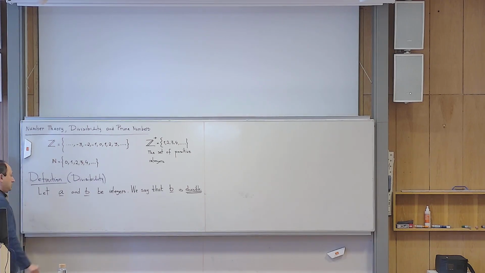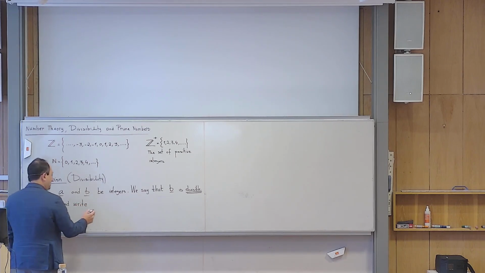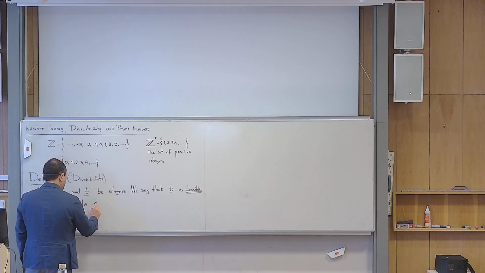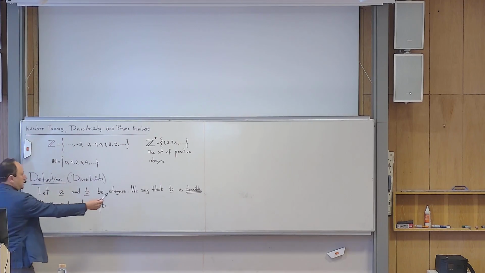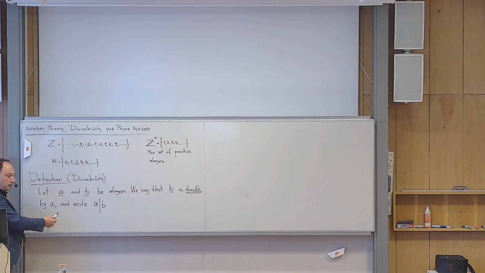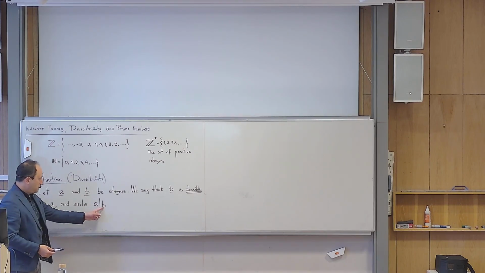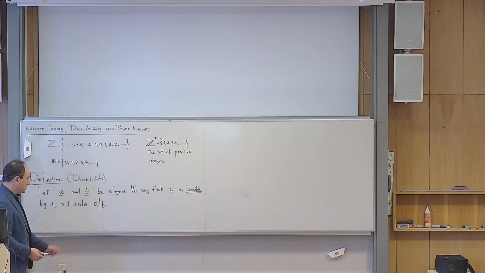We say that B is divisible by A and write the symbol we use, which is a little bit strange. You see, when I'm reading it in English, I bring B first. B is divisible by A. But if I want to write it as symbols, this is the symbol which is used. So I write A on the left, a vertical line, and then B on the right.